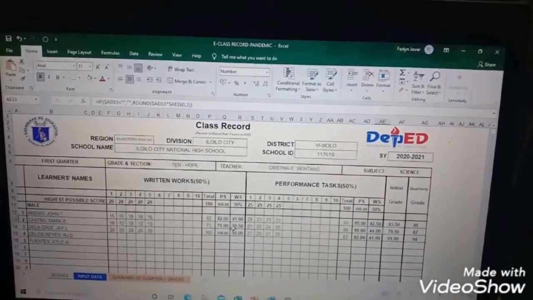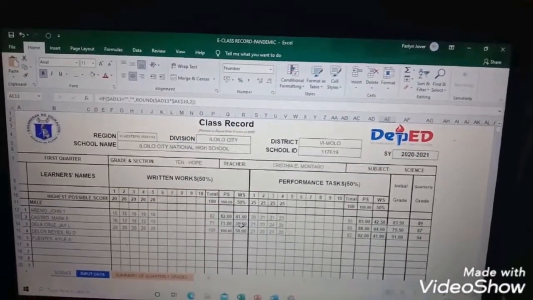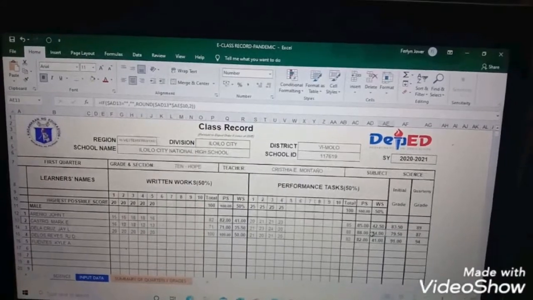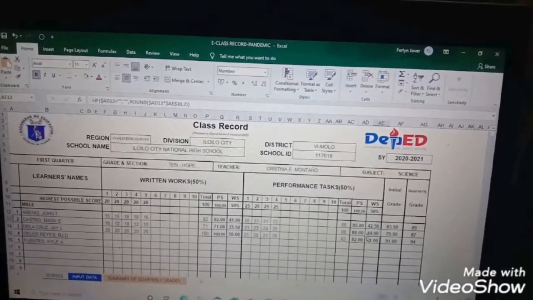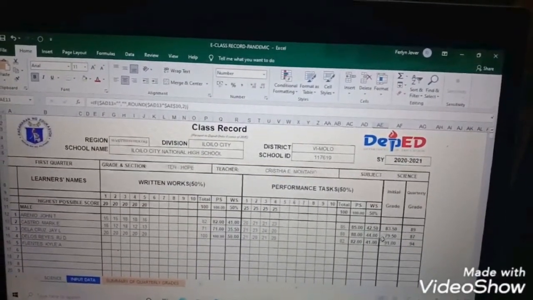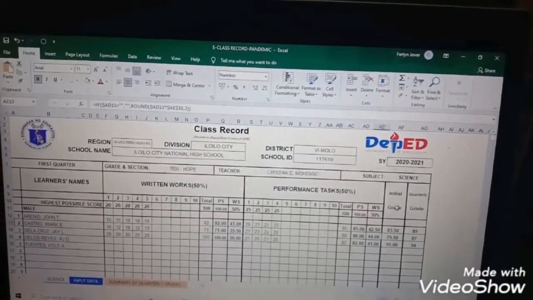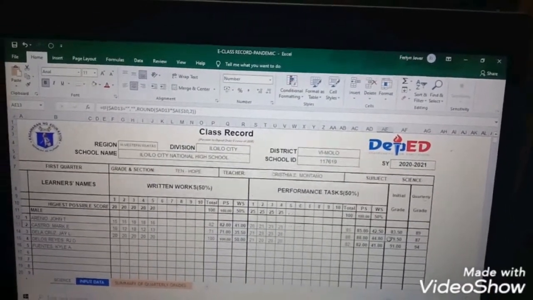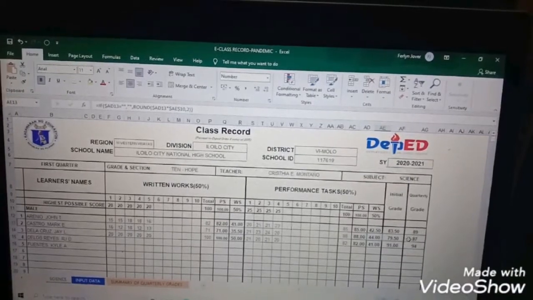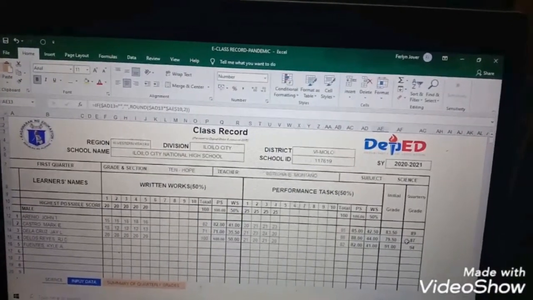His weighted score in written works is 35.50, and in performance task is 44, with a total of 79.50 as his initial grade. For his quarterly grade, that is 87.